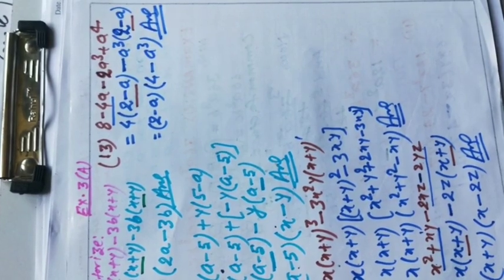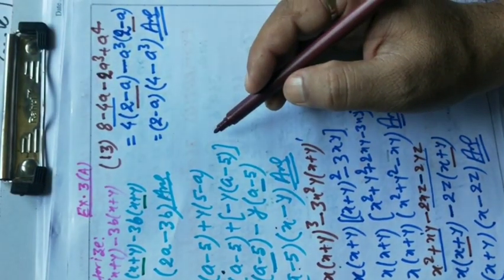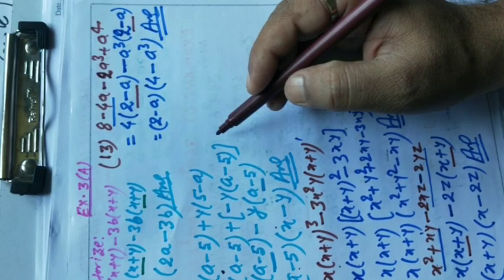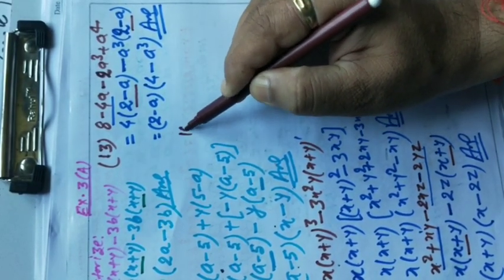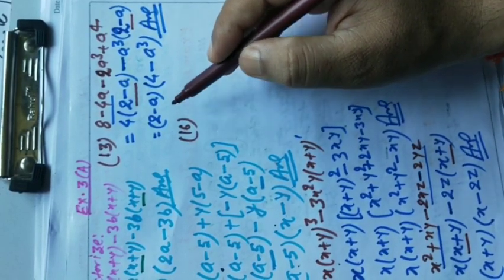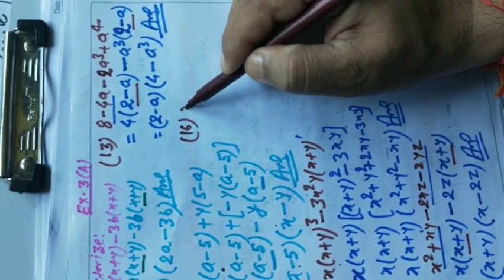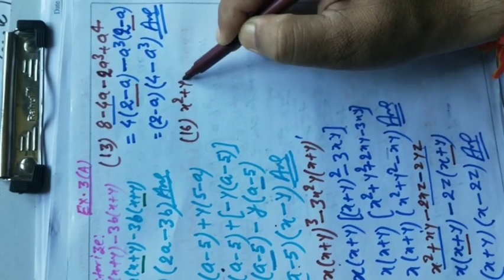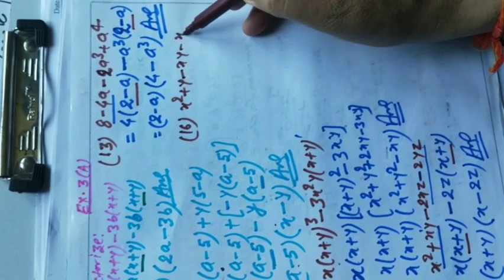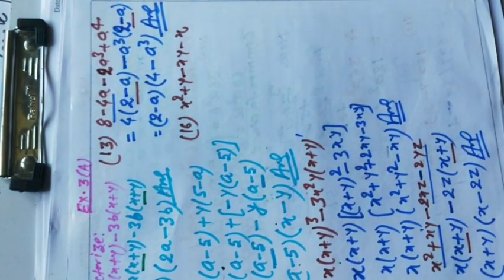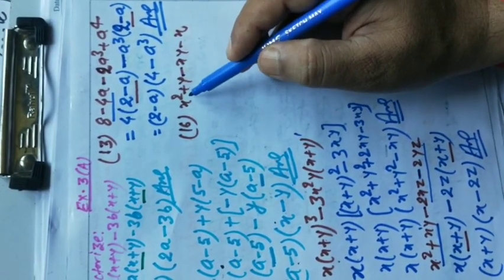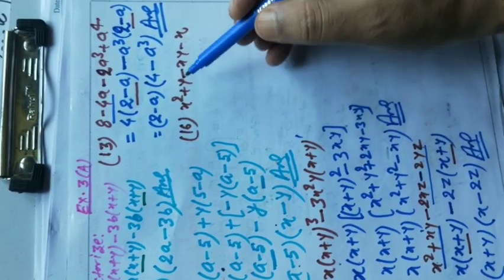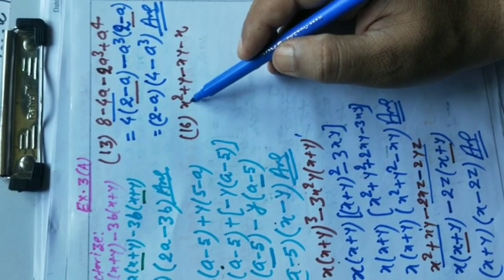Now let us see another question. Let us see question number 16, and question number 16 is x square plus y minus xy minus x. Now see, this is another type of question, you have to rearrange the terms. Why do you have to rearrange?